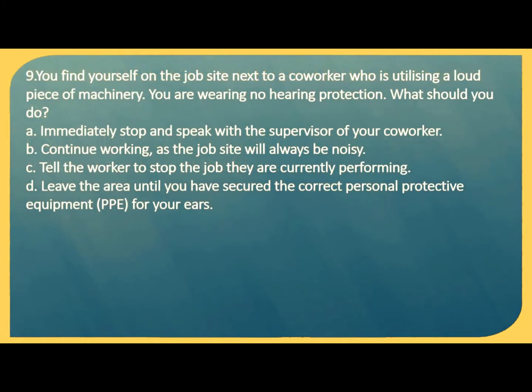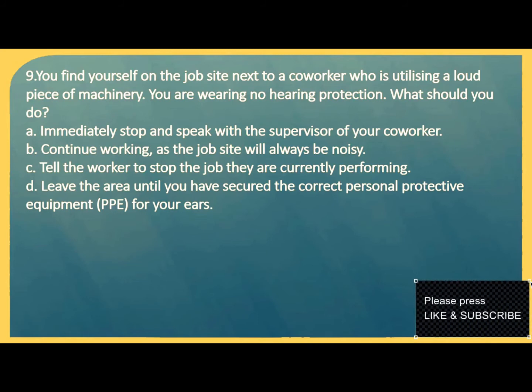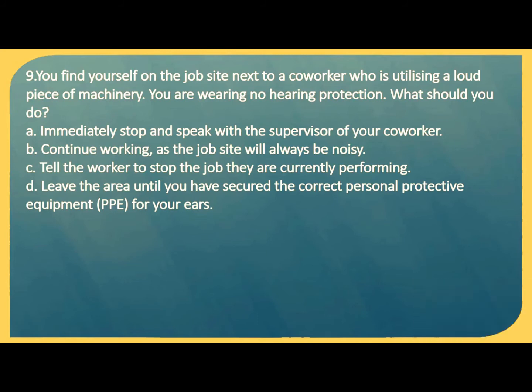Question 9. You find yourself on the job site next to a coworker who is utilizing a loud piece of machinery. You are wearing no hearing protection. What should you do? A. Immediately stop and speak with the supervisor of your coworker. B. Continue working, as the job site will always be noisy.